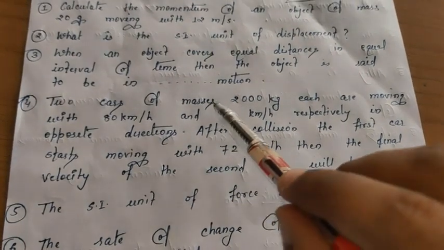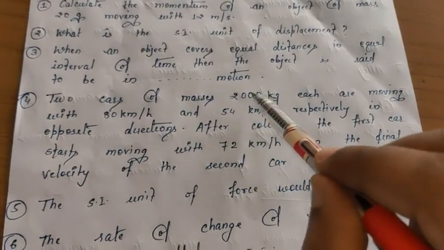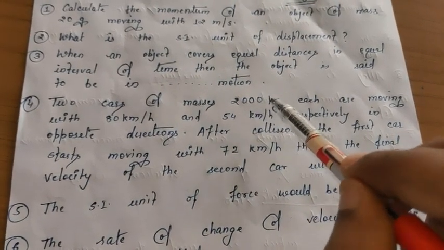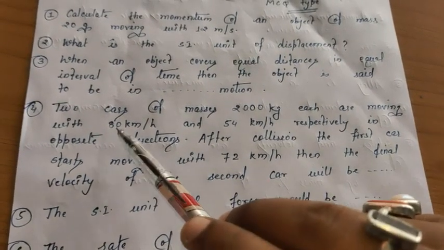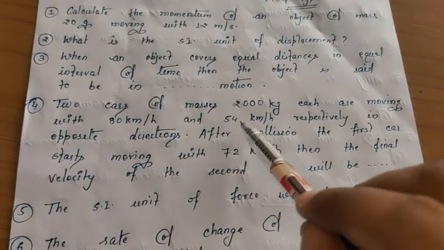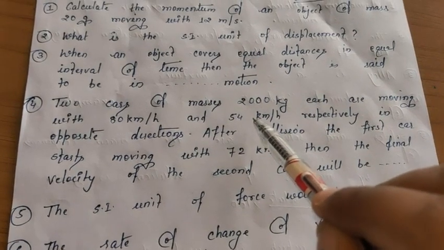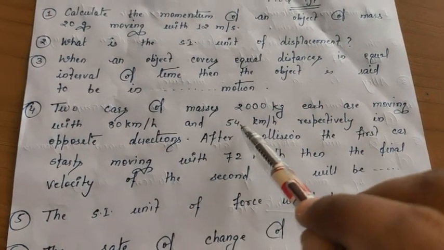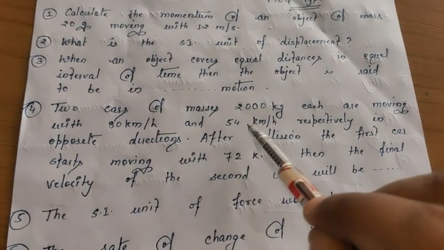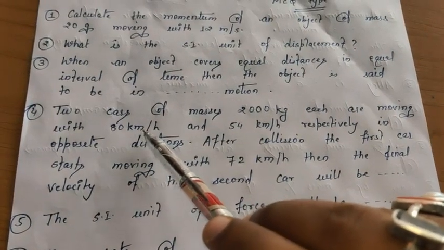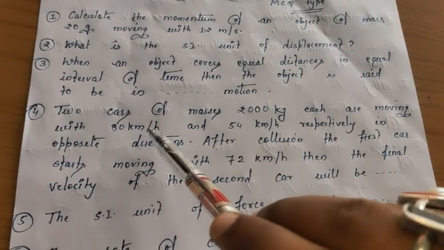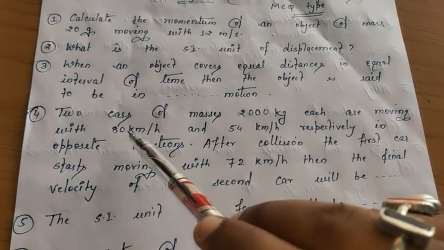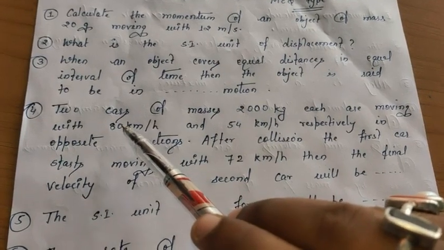In this question there are 2 cars, masses are the same, so you have to write m1 is equal to 2000 kg, m2 is equal to 2000 kg. They are moving with 80 km per hour and 54 km per hour, so u1 is equal to 80 km per hour and u2 is equal to 54 km per hour. You have to convert kilometer per hour into meter per second, that is into SI unit, by multiplying it by 5/18.